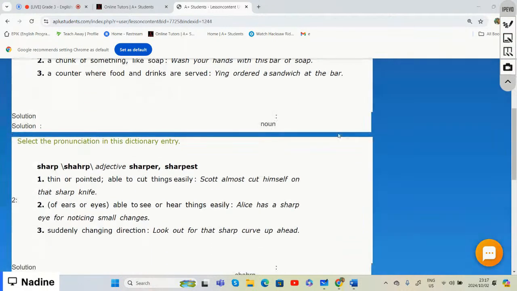All right, let's look at the next one. We need to select the pronunciation in the dictionary entry. The pronunciation.